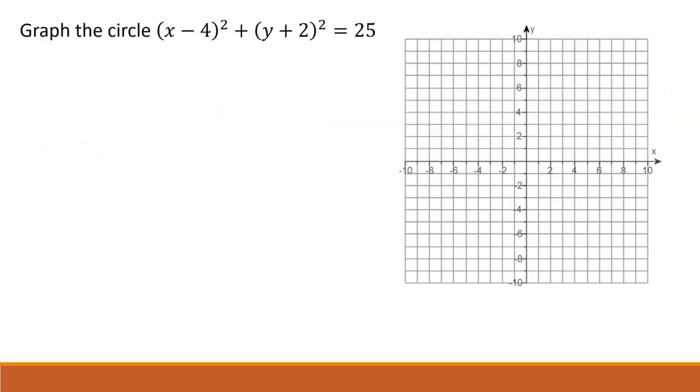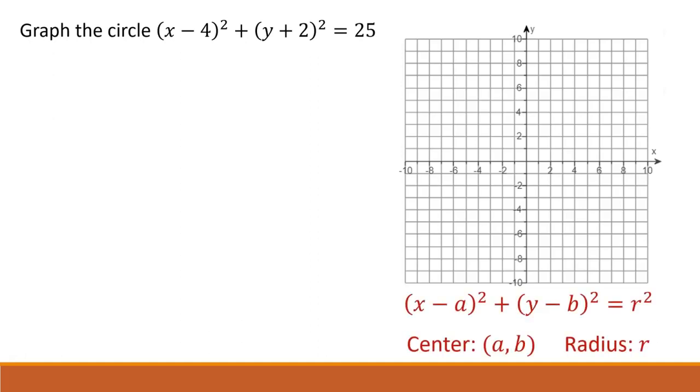Next, we're going to look at how to graph a circle when we're given its equation. The equation of a circle in standard form is (x - a)² + (y - b)² = r², where the center of the circle is at (a, b) and the radius of the circle is r. Let's see how to find that information in the equation that we've got.